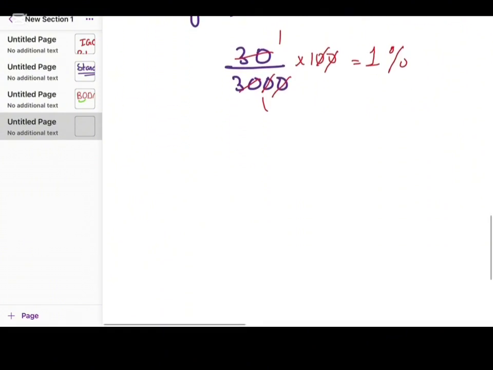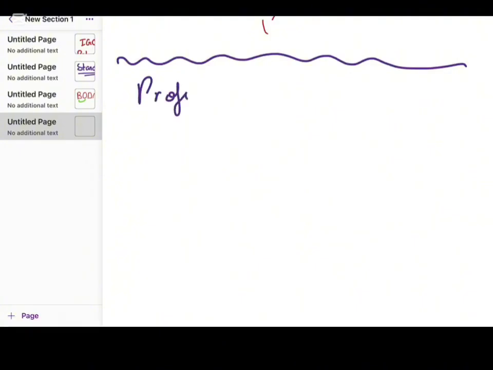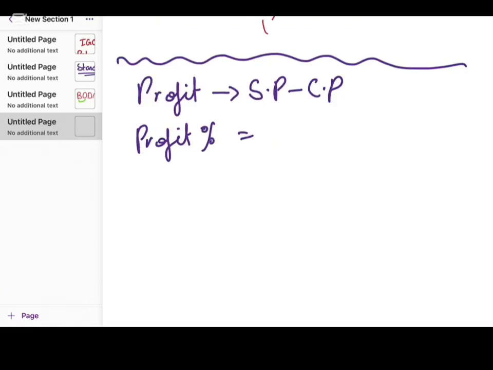Now the next topic is profit. So we'll see some formulas of profit and loss. Profit formula is selling price minus cost price. To find the profit percentage, we need to apply the formula: profit divided by cost price multiplied by 100.